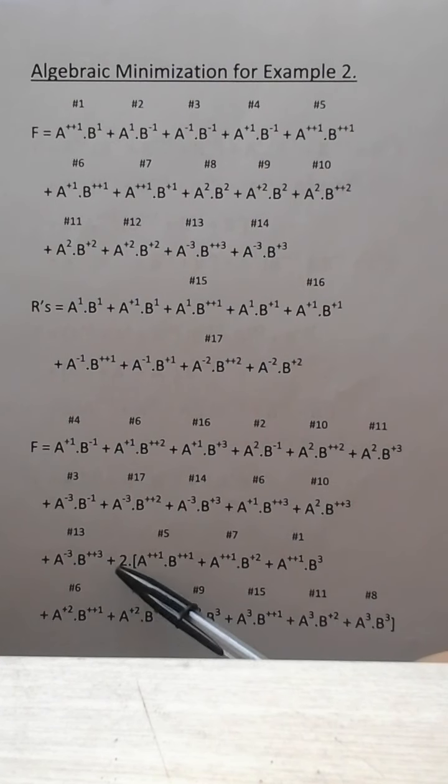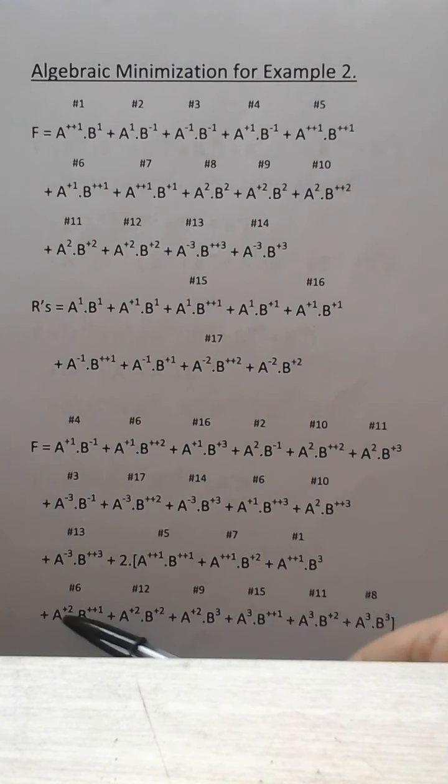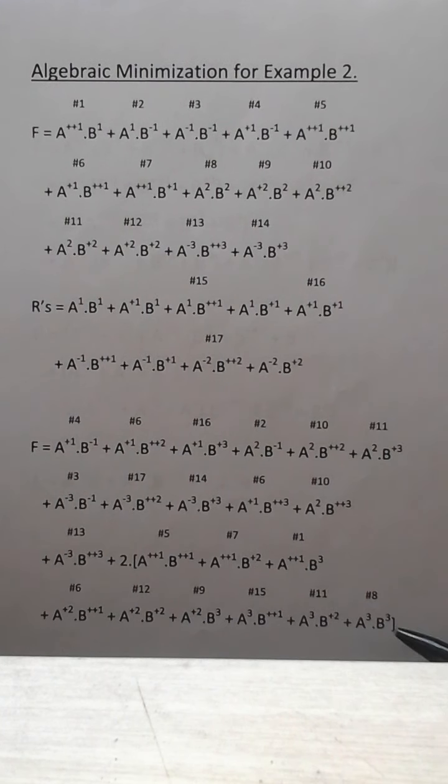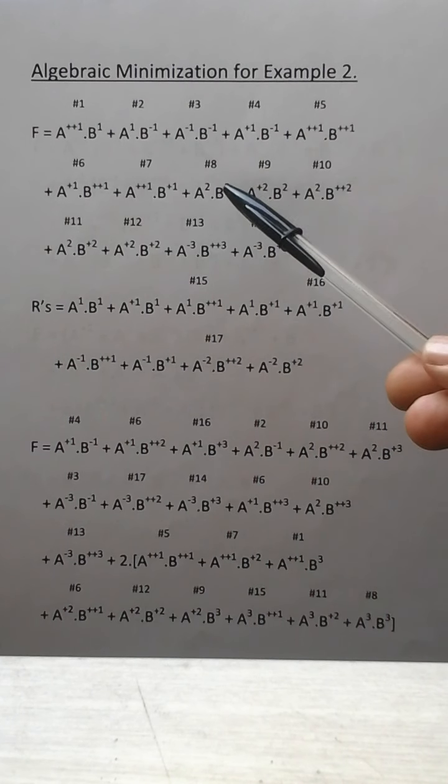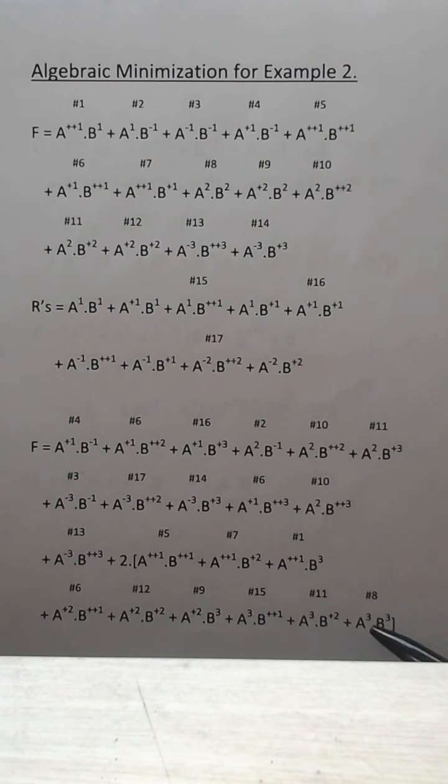Here I've put a 2 in front of this whole bracket here. That is because number 8 is A2 min B2, but I've changed it to A min B3. So 2 and A, 2 min A3 min B3 equals A2 min B2, so I haven't changed the function.